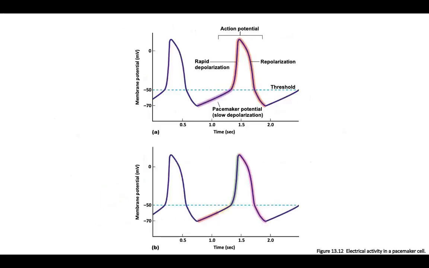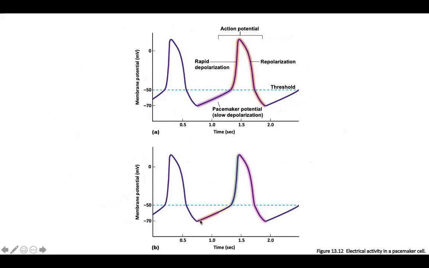Okay, so just illustrating that here in a different way so we can see the membrane potential go from -70. This is where we have that initial depolarization from the funny channels. Then we have even further depolarization from the slow calcium channel.